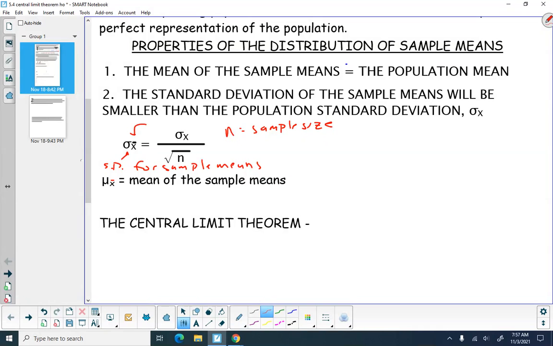This is the mean of the sample means, you have a bar there. But as we talked about up here in property number 1, this is approximately equal to mu x, and we'll assume equal to mu x, which is the population mean.